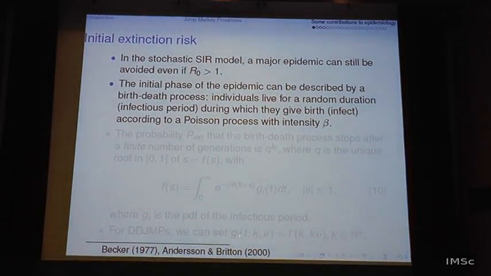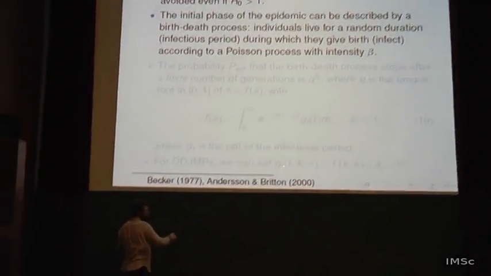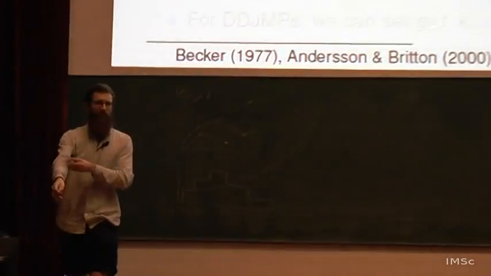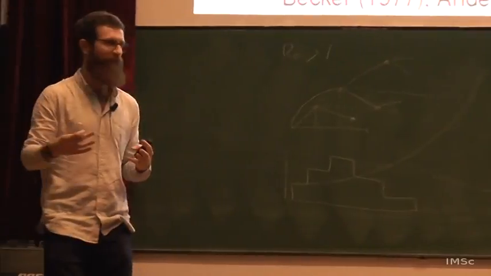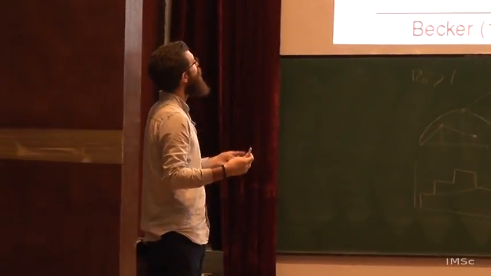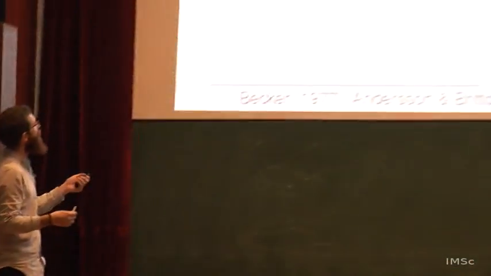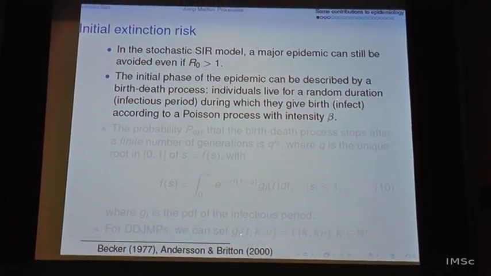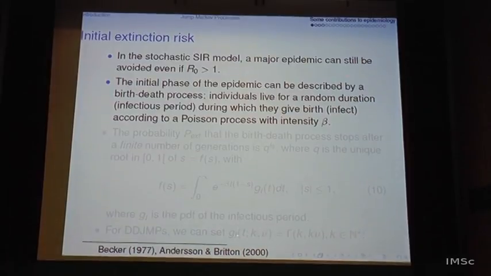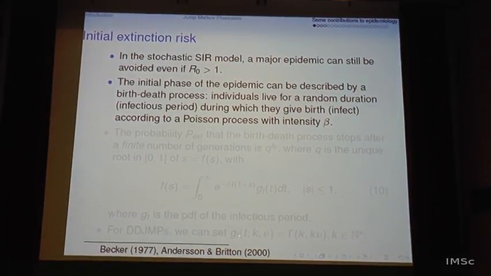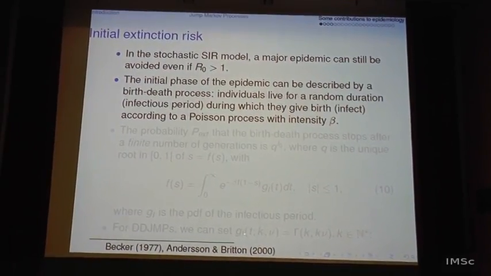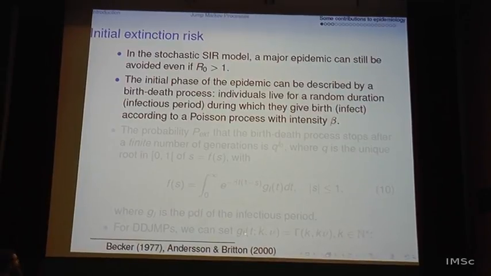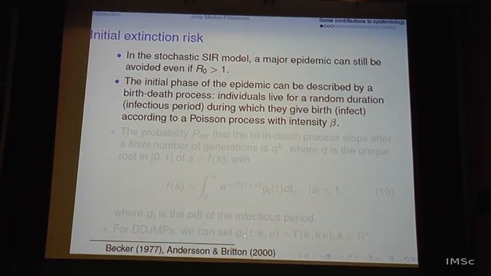This is my branching process. At every generation, I create new infected people. For epidemics, birth means infecting, and death means recovering. And because we have the law of how long you stay infectious and the law of how you contact people, then you can have some analytical results.